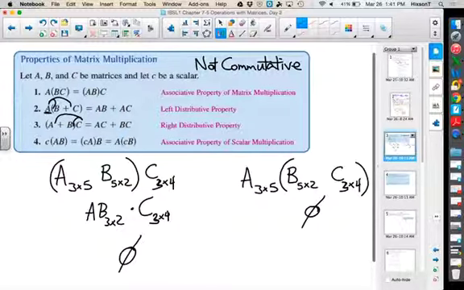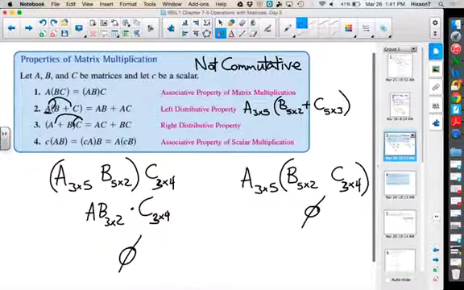Now it may be possible that you can't add A and B. Let's say their dimensions are different. However, both of them could multiply with C. Like, for instance, on this one, you could have A as a 3 by 5 matrix, B is a 5 by 2 matrix, and C is a 5 by 3 matrix.